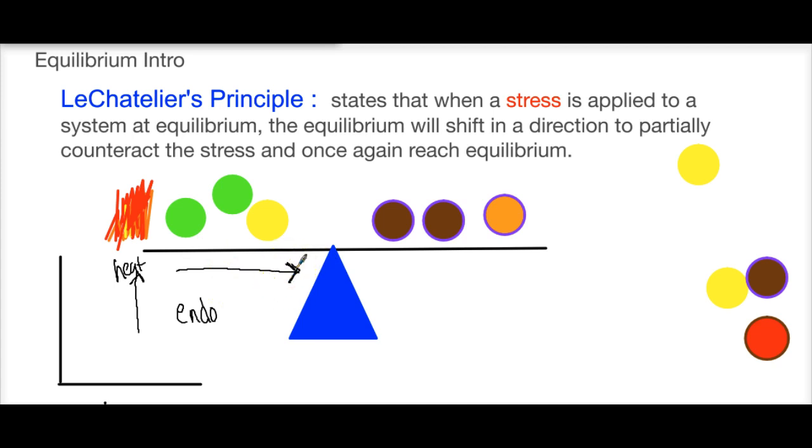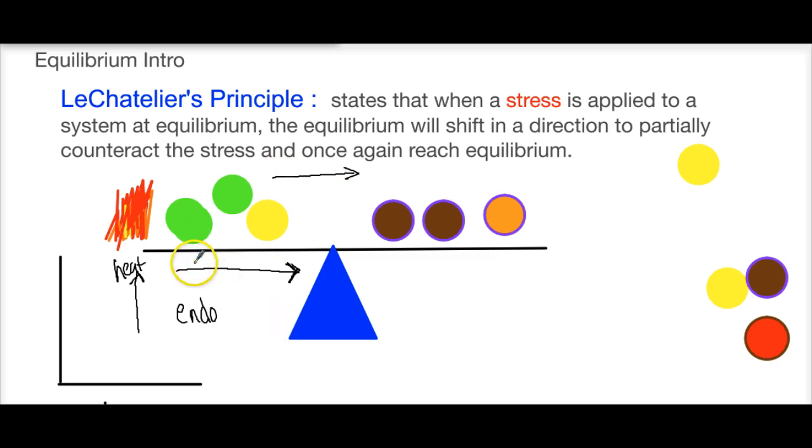So you could think about it just exactly like it's a reactant. What happens if we add more A? If we add more A, then we're going to shift it to the right. Well, just pretend that it is the same thing, and you're going to shift it this way. Okay?